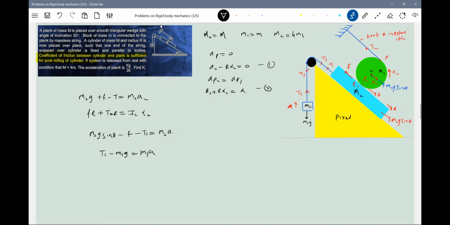I didn't get time to verify the answer. The acceleration of the plank is being asked, no? I think 5 will come. Check it. I'm making it 50 by 20. Okay, make an observation. I'll slide down. We'll go to the next problem.